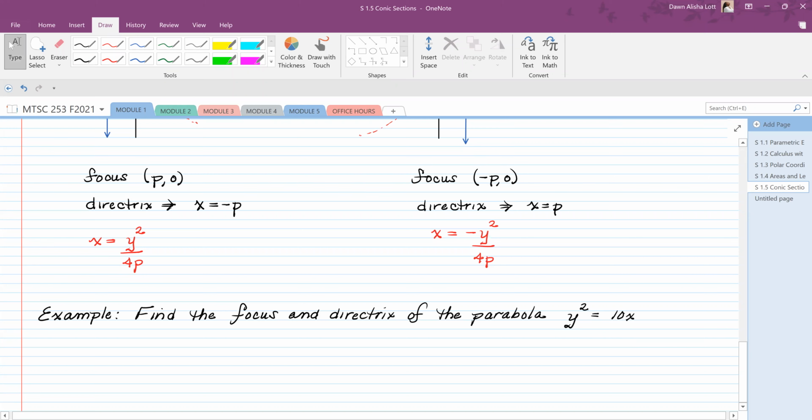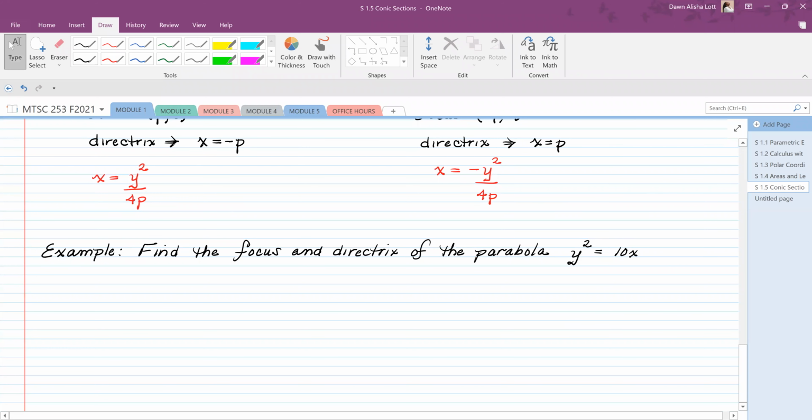Okay. So I need to put it in one of these forms. So clearly I'm going to get x is going to be y squared over 10.